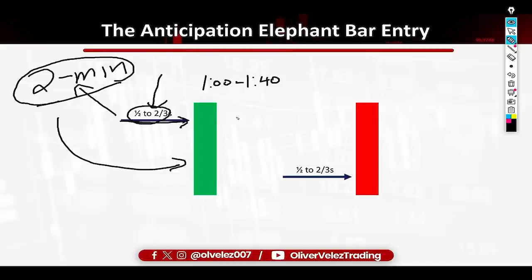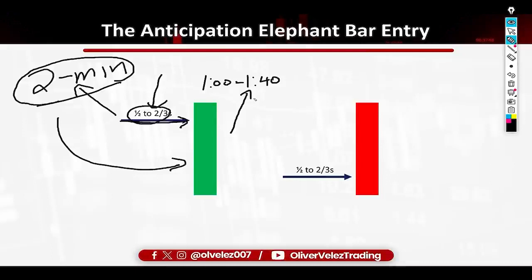You're not waiting for the bar to finish. Now, if you do this too early, you run the risk of the elephant bar disappearing on you. Elephant bars that form in the first few seconds of the bar, they're not real yet. You need time to prove that the elephant bar is going to remain an elephant bar all the way through the 2-minute bar. So I would say the closer you enter toward 1 minute 40 seconds is better.